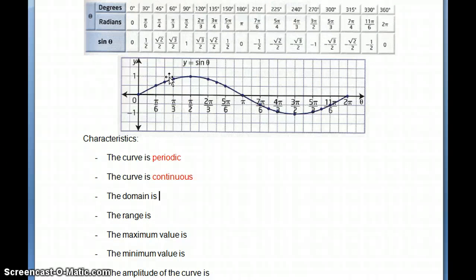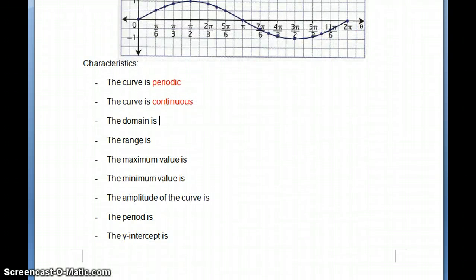So the domain is that theta is an element of all real numbers. And I'm just going to denote this as an R, but definitely go ahead and use your double bar R, I think is how Miss Windrum showed you. So draw it as you know how, but I'm here going to denote it as just R.